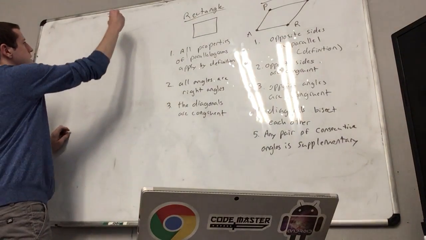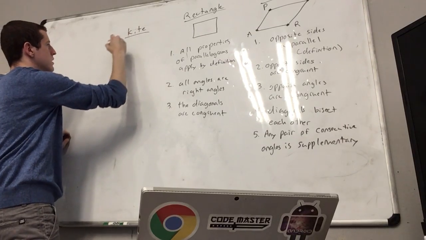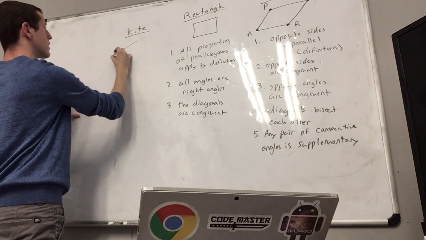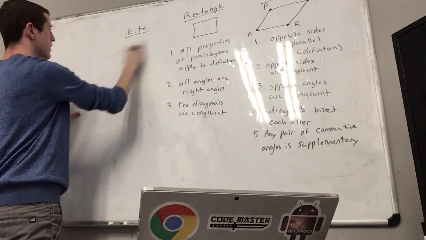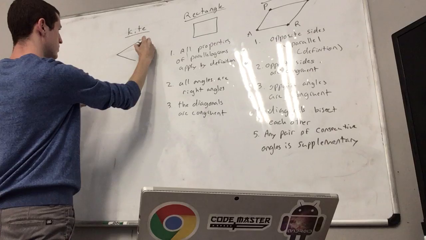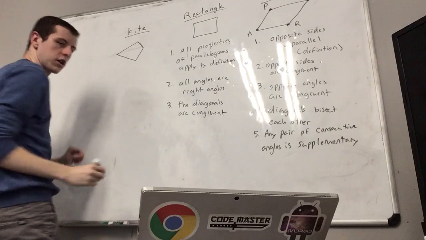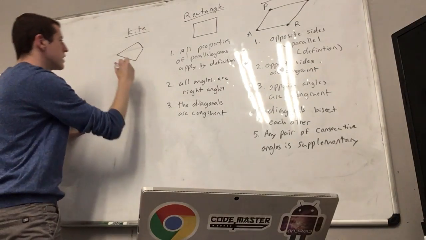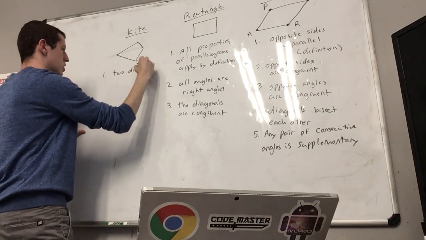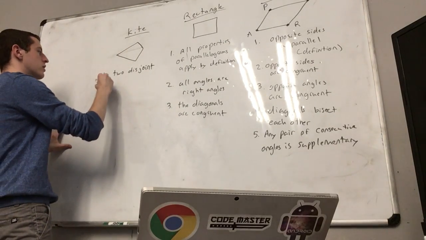Okay, the properties of a kite. Number 1: two disjoint pairs of consecutive angles are congruent.